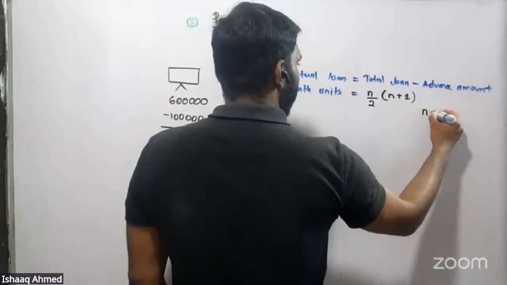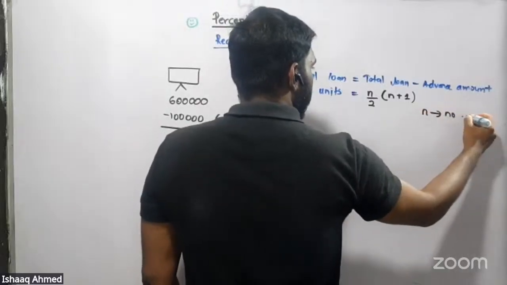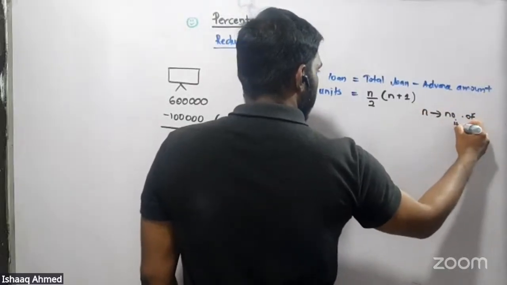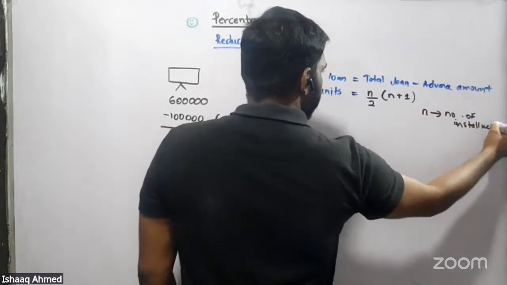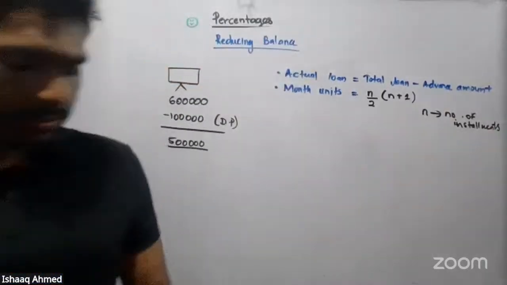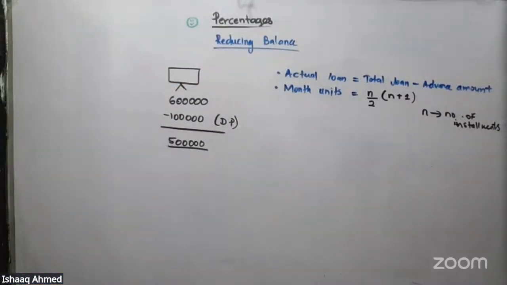Here, N is number of installed months. Okay. So you calculate something called month units. Now don't try to think what is a month unit, why is a month unit, how is a month unit. Don't need any of those details. But just know this is how you calculate month units.